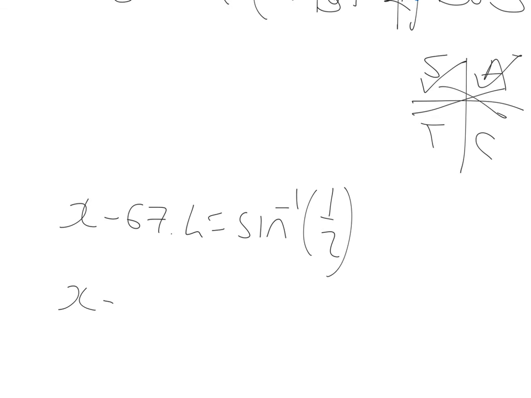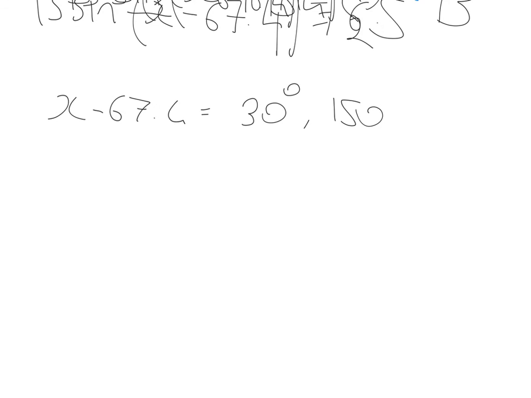So sine inverse of 1/2 is 30 degrees. So that's my all quadrant solution, and the sine quadrant is going to be 180 take away 30 degrees, and that's 150 degrees. I then need to bring minus 67.4 across and add. So first solution is going to be 97.4 degrees.